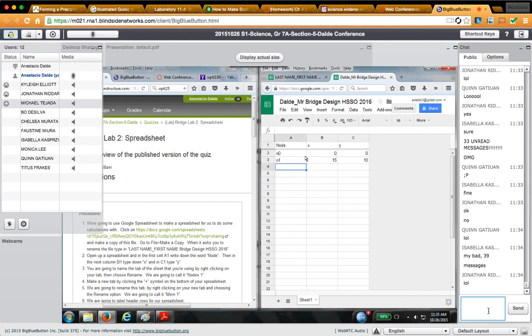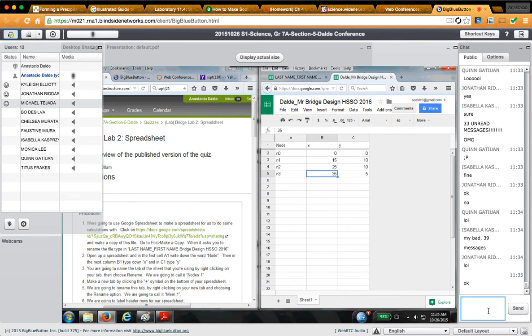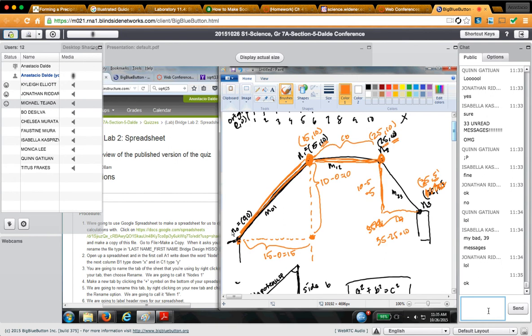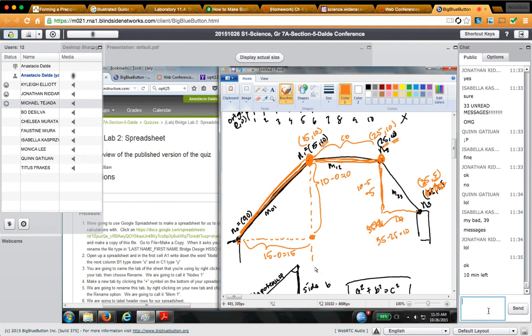And our node 2 was at, was it 25, 10? And our node 3 was at 35, 5. Cool? All I did was I'm using the thing that we drew over here, and on yours it's going to be much nicer on graph paper. But I'm using the thing that we drew to figure out where the different nodes are.